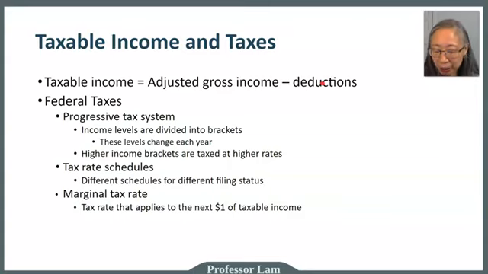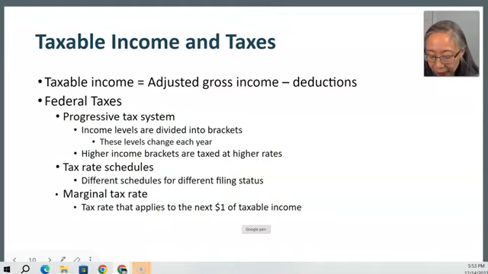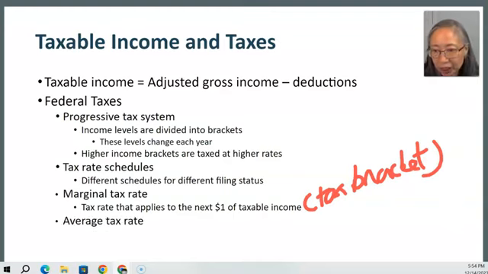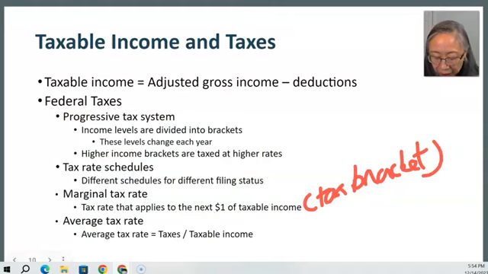So marginal tax rate means which tax bracket you are in. Which is different from the average tax rate. The average tax rate is computed as the tax that you actually pay, so the actual tax amount divided by the taxable income. Most people's average tax rate is lower than their marginal tax rate, except for the very high earning individuals.